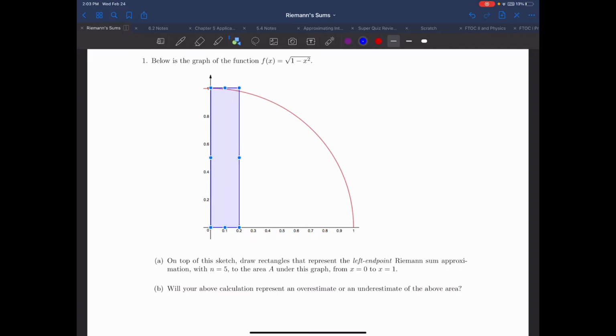If x goes from 0 to 1, 1 divided by 5 is 0.2, so each of these will be 0.2 wide. And we'll have the left endpoint, that is the endpoint we're talking about. So I'm going to draw 5 of these, where the left upper endpoint touches the circle, and they're about 0.2 wide. I'll get a good one, hold on.